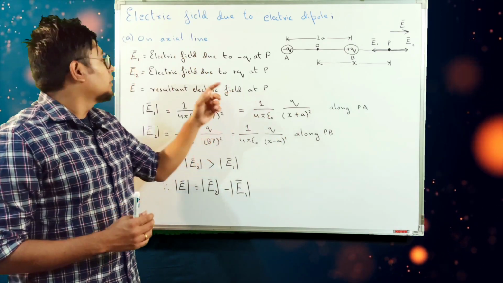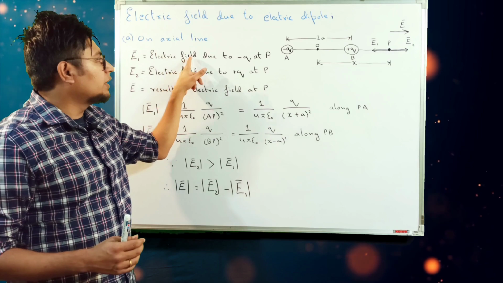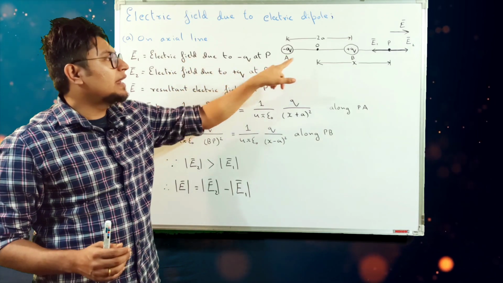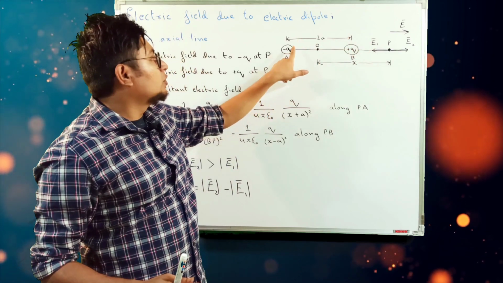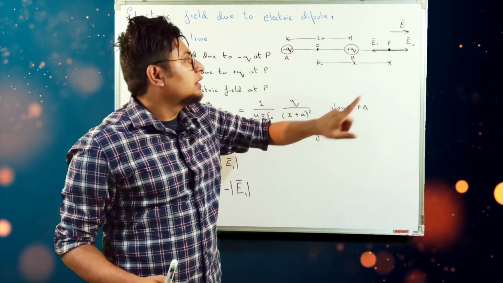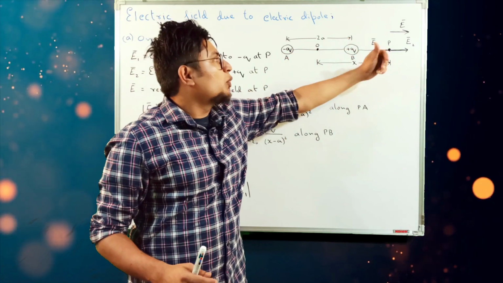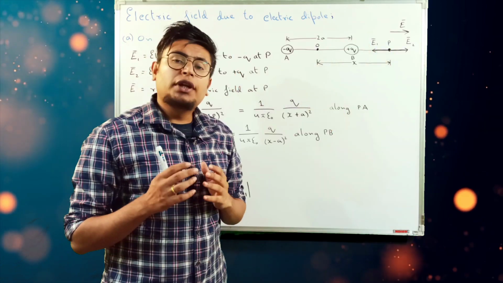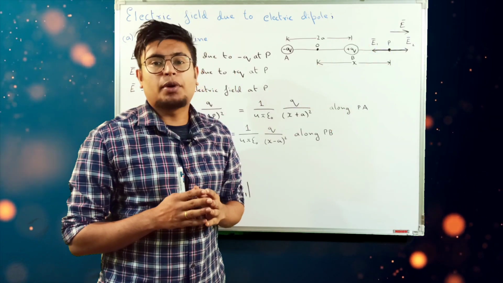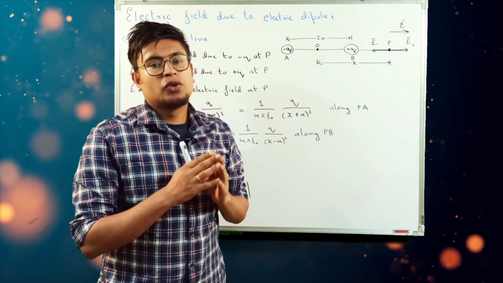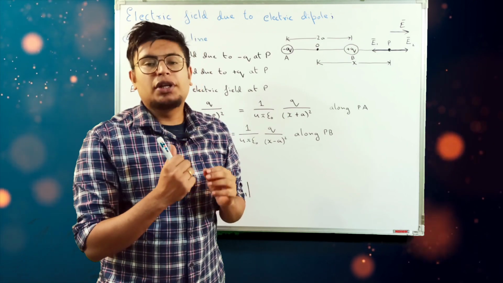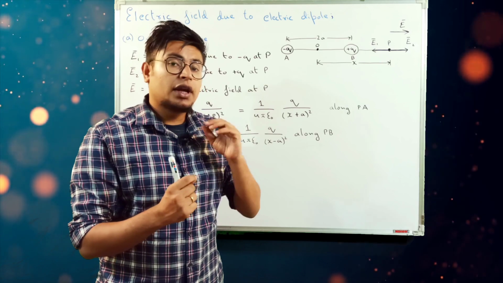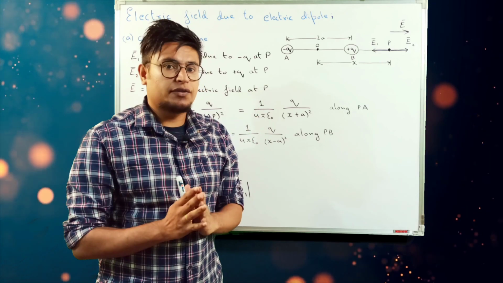In that figure, E1 is the electric field due to minus q at point P. As you can see, this arrow is pointing inwards, and we had discussed one particular property of electric field lines: they are inward in the case of negative charges and outward in the case of positive charges.